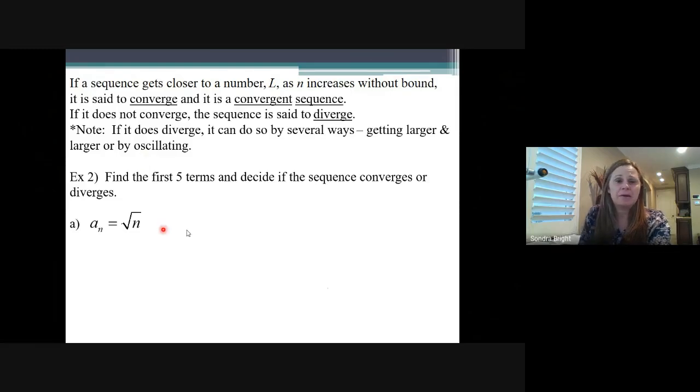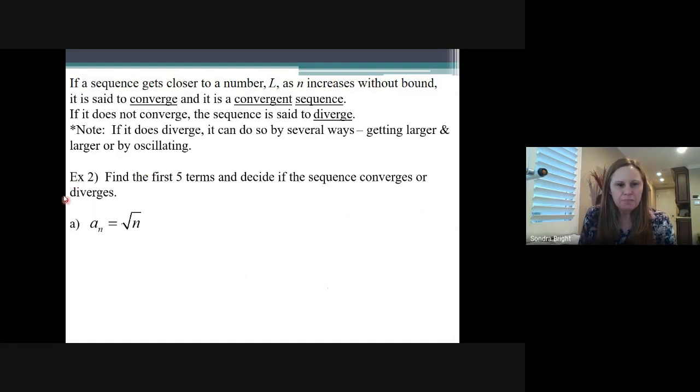Or if you think about sine and cosine, as your x is going to infinity, which value do we choose? Those graphs are totally oscillating graphs. They're going up and down. So we can't do those either. They don't converge to a specific number as n goes to infinity.